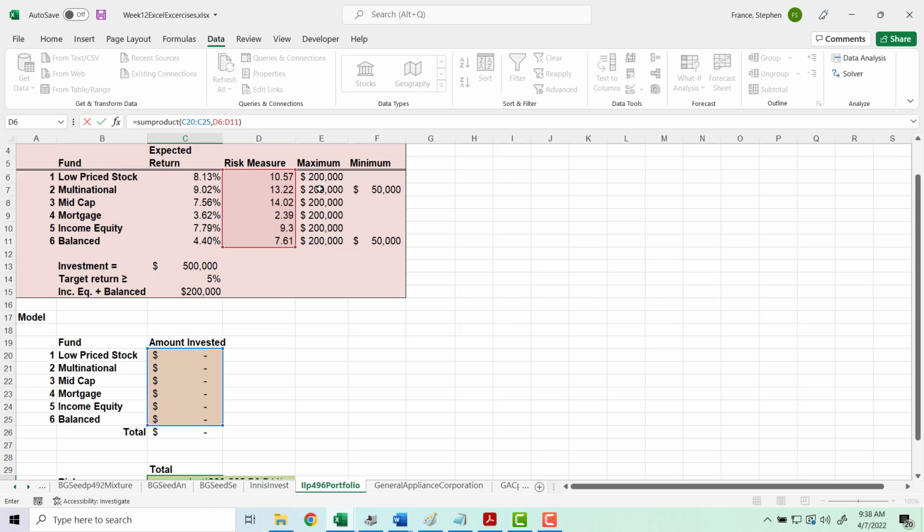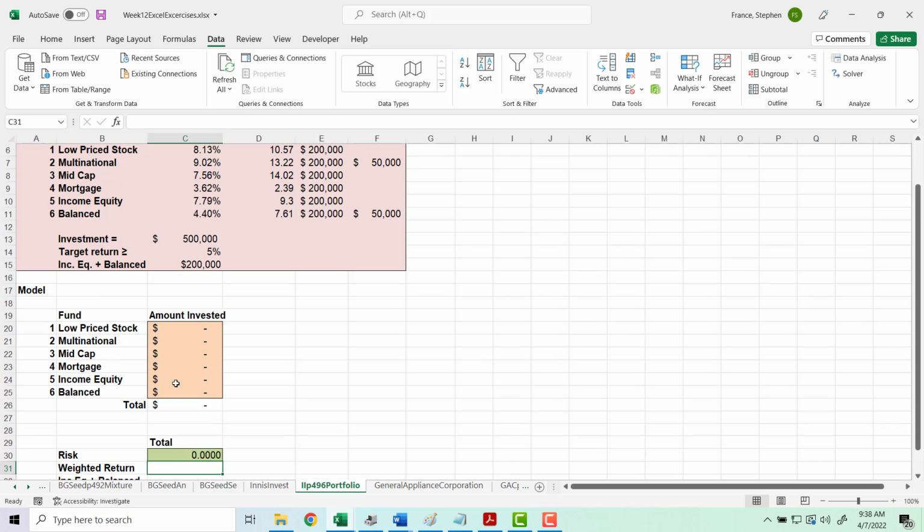To get this in terms of actual percentages, we're just going to divide, because this is a weighted sum of the amount we invested. If we divide by the amount we invested, we'll get the aggregate weighted risk.